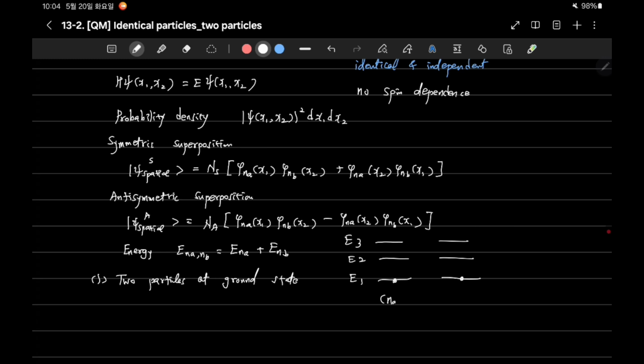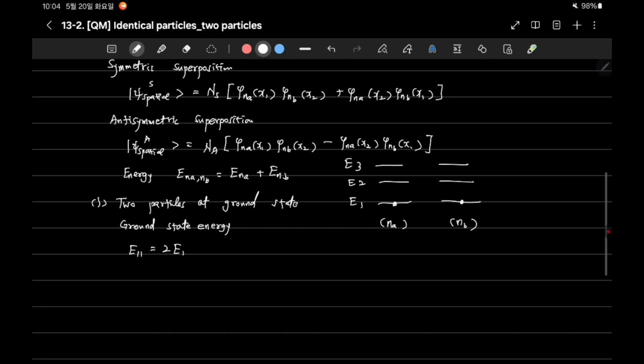Particle A and particle B have energy levels E1, E2, E3, and at the ground state both reside at E1. So NA is at E1 and NB is also at E1. In the ground state, both particles are in one state, so the energy is 2E1.